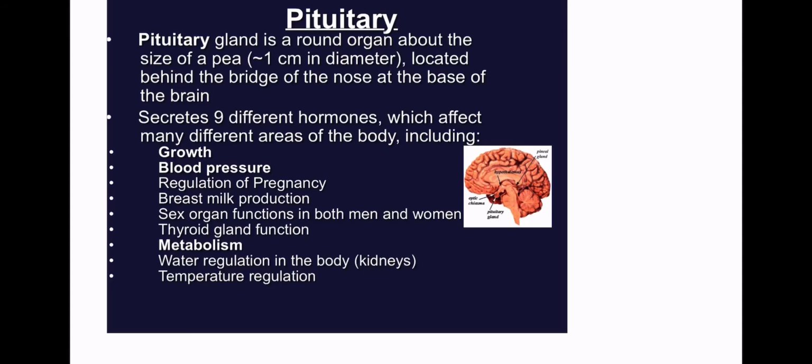As you know, the hypothalamus is the connection between the brain and the endocrine system. It can secrete as well, but we are going to say it's influencing the pituitary.